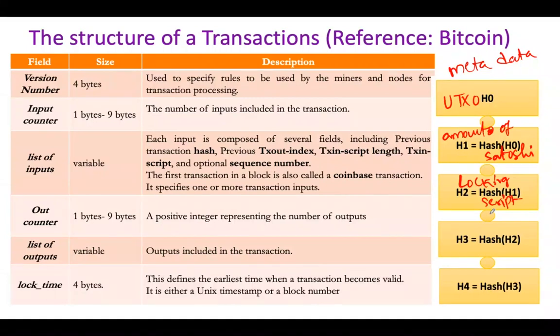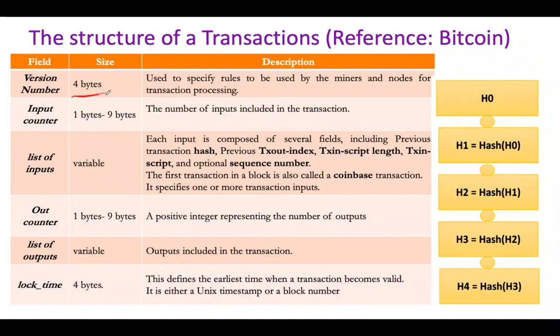And finally, verification is performed by the Bitcoin scripting language. The version number uses 4 bytes. These 4 bytes are used to specify rules to be used by the miners and nodes for transaction processing.